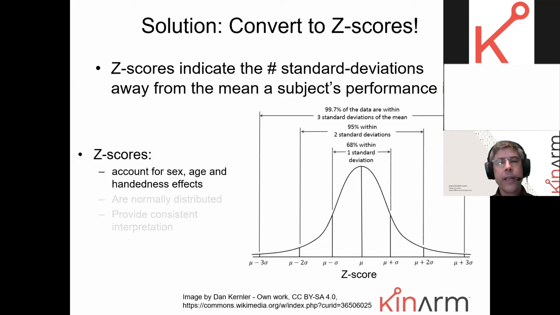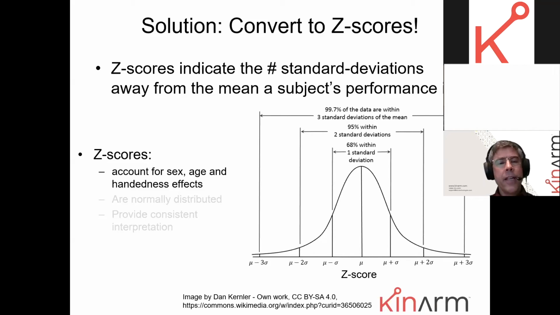And one of the key things is that the methods that we use to convert our raw scores to Z-scores account for the effects of sex, age, and handedness. So that means that if I go back to that example I had of 350 millisecond reaction time for visually guided reaching, when I convert those to Z-scores, if I was a 20-year-old, well, they're going to have a Z-score about maybe -1 because they're faster than the mean for a 20-year-old.